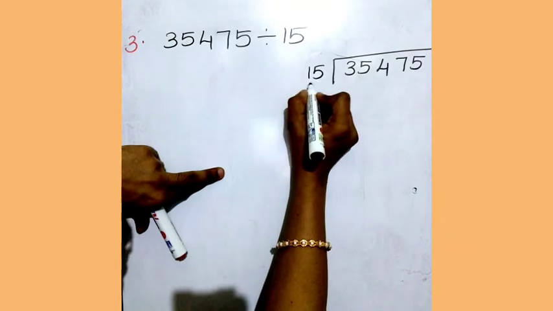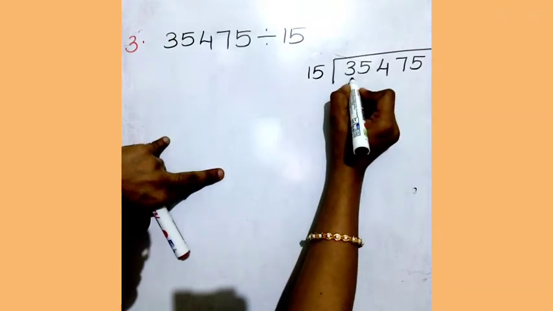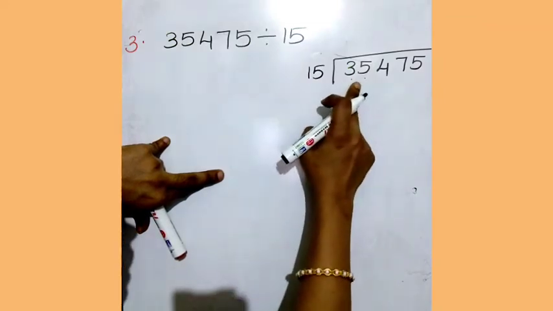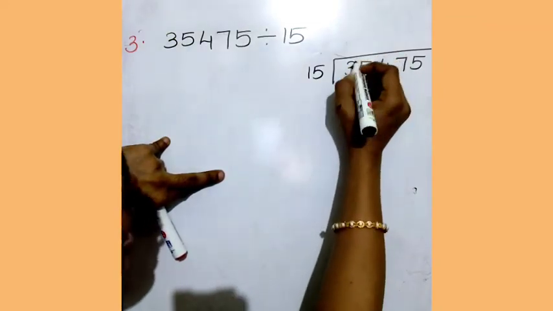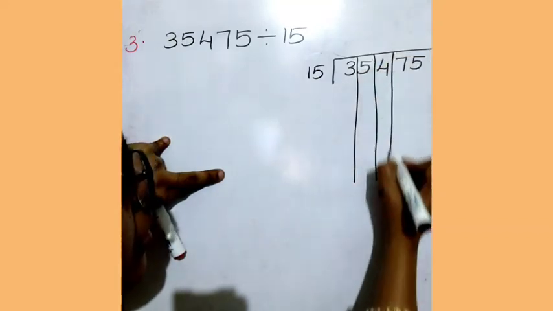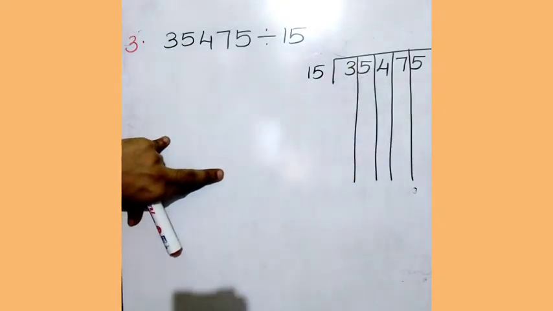Look here. In the divisor part, how many digits? Here 2 digits. So shall I take 1 digit only? No. For successive division, I have to take 2 digits. So I am taking 2 digits here. Now this becomes 35.